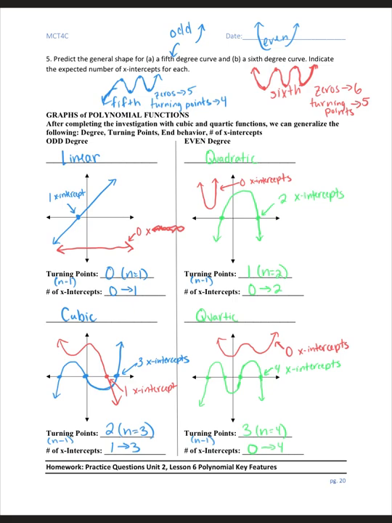All right, the rest of this is already filled in for you. We'll just chat about it for a minute to summarize. After we've gone through this investigation, what can we really tell about all these different polynomial functions? Well, if you have a linear function, and we've seen this in other notes and today, the most x-intercepts you can have is 1, and the least you could have is 0.